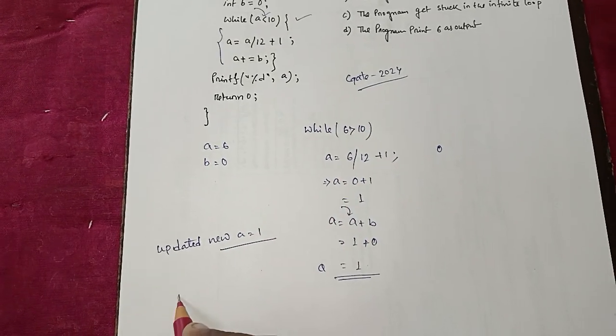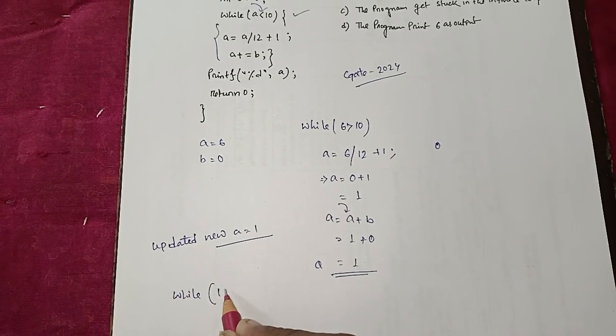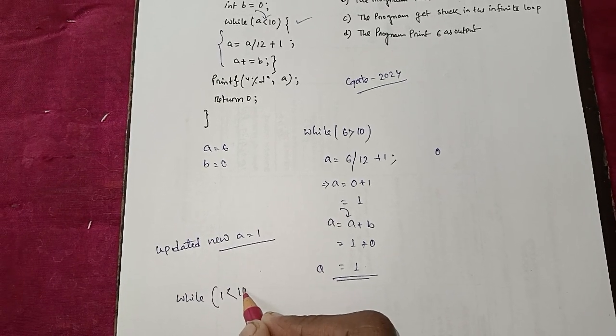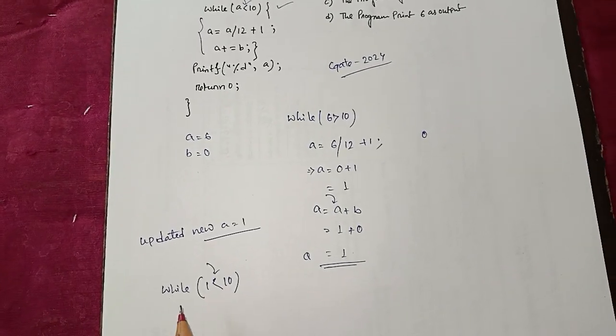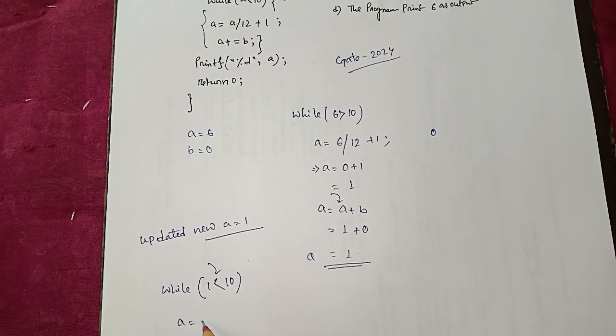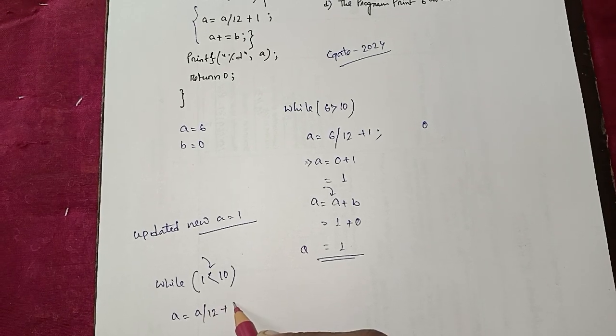So again we check the loop: 1 is less than or equal to 10. Yes, the condition is true. Then a is updated by a = a % 12 + 1.